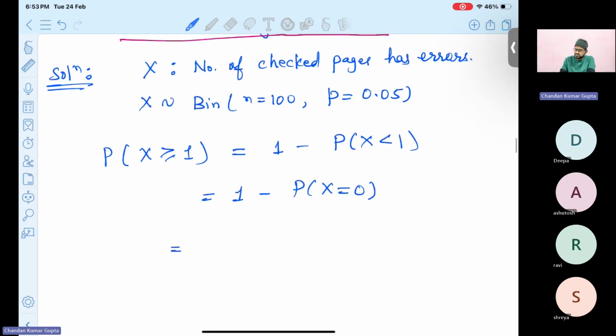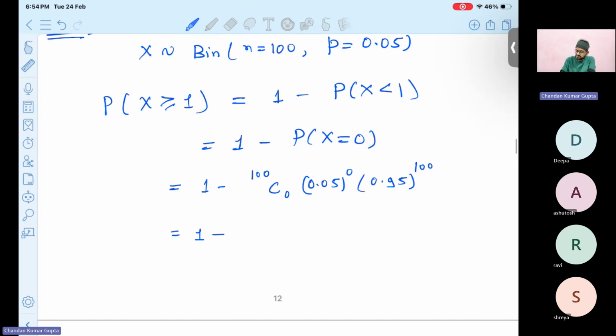So yes, now it's quite simple. It's 1 minus the probability that X is equal to 0. X is binomial, so it's 100 C X, which is 100 C 0, times p, which is 0.05, to the power X, which is 0, times 1 minus p, which is 0.95, to the power n minus X, which is 100 minus 0, that is 100.